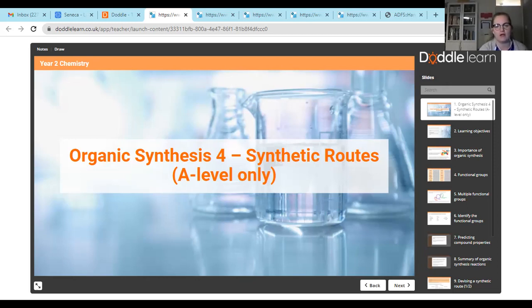Then we draw a line, not across the middle, but straight down there. Work out if the high priority groups are on the same side or different. If they're on the same side, it's Z, or if they're on the different side, it's E.